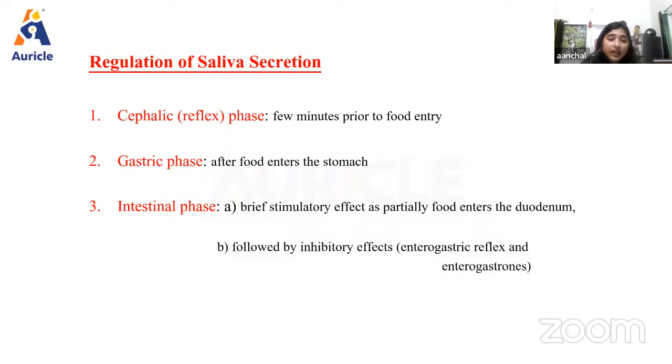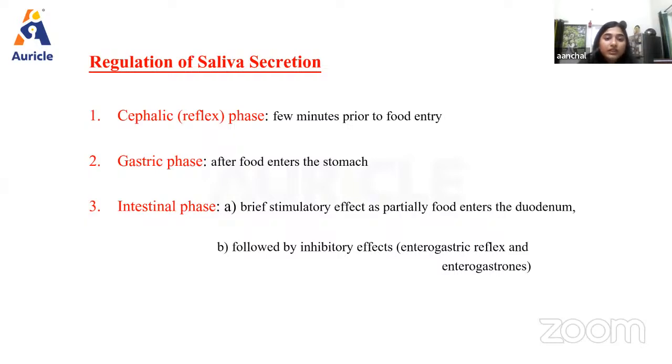In the cephalic reflex, we have another type of reflex, the conditioned reflex, which is acquired by experience and needs previous experience. There is a necessity of food inside the mouth in the unconditioned reflex of the cephalic phase. I hope the cephalic phase is very clear to the students.